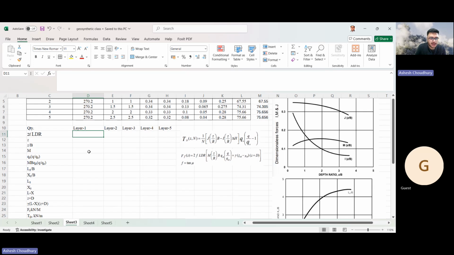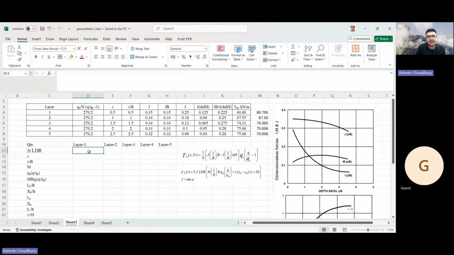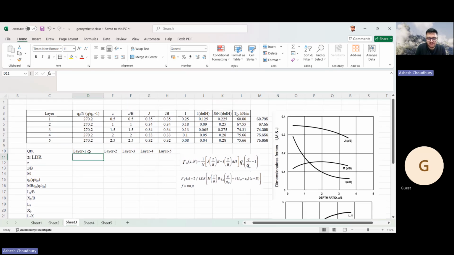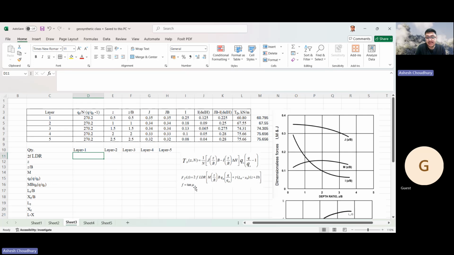Now for layer 1, 2 into F into LDR. What is F? F is tan of phi mu, and phi mu is given in our question as 28 degrees. So F is tan of 28 degrees.